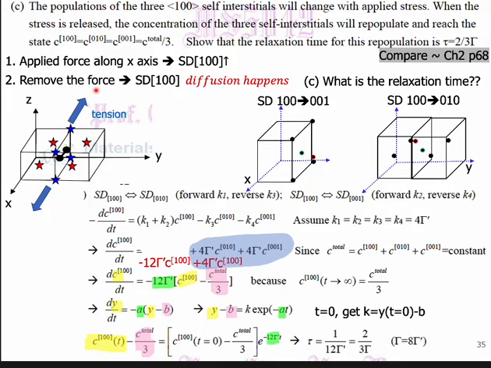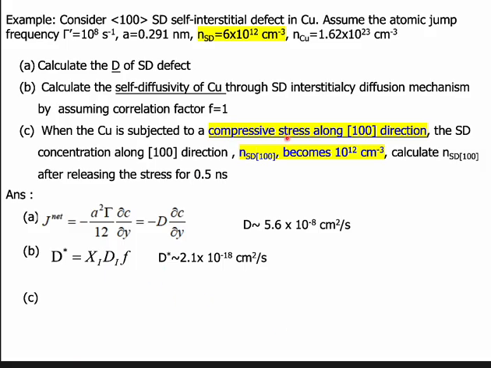And when the copper is subject to a compressive stress along 100, now it's compressive stress. So compressive is a reverse force, which means that you will finally get a lower concentration of split dumbbell. Under this situation, we find that the concentration of split dumbbell becomes 10 to the 12.